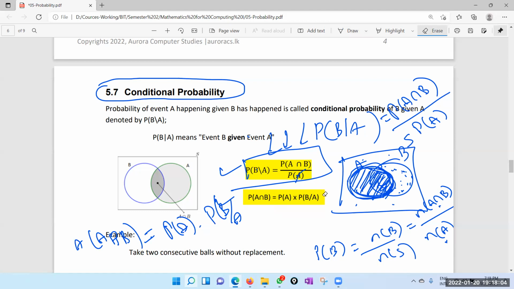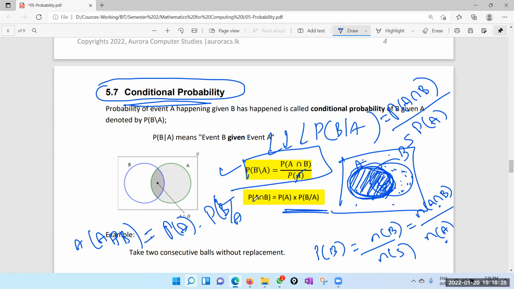So when it comes to tree diagrams, sometimes you will see that it is actually conditional probability, not the independent event. Still you can multiply, in a different context. In independent events, P(A intersection B) is P(A) into P(B).